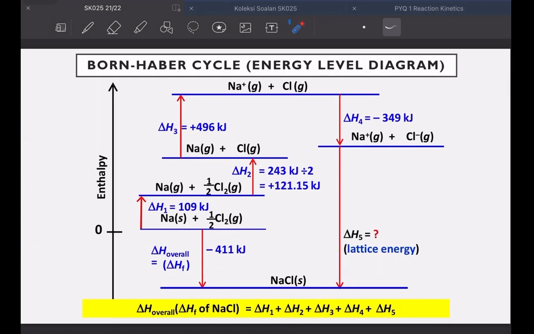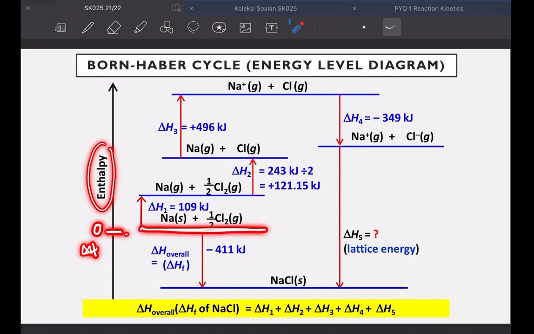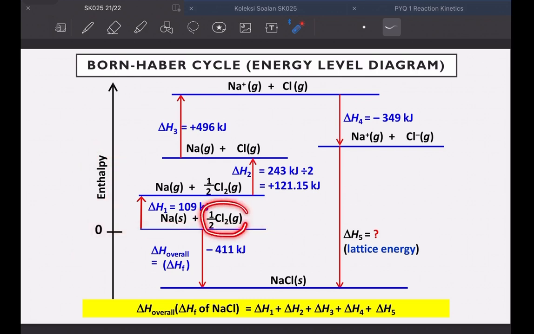So here we have the energy level diagram. If you want to do it this way, make sure to have your y-axis with enthalpy and denote your 0 delta H. This will be for your stable state elements, starting with sodium solid and half chlorine gas molecule.